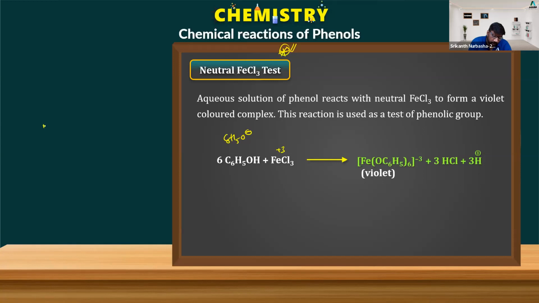The phenoxide ion and Fe3+ will develop coordinate bonds with OC6H5. Although here I am writing the bonding between Fe3+ and C6H5O minus as purely electrostatic in nature.